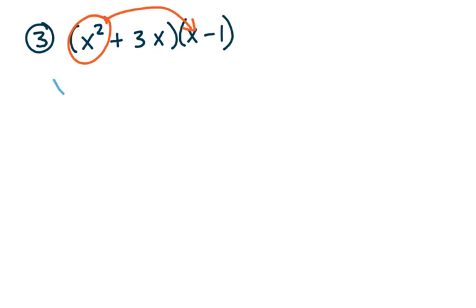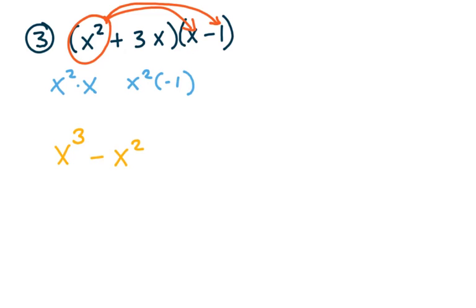So I'll have an x squared times x is equal to an x cubed. Next, I'll distribute that x squared over to my minus 1. So that's an x squared times a negative 1, which gives me a product of a negative x squared.